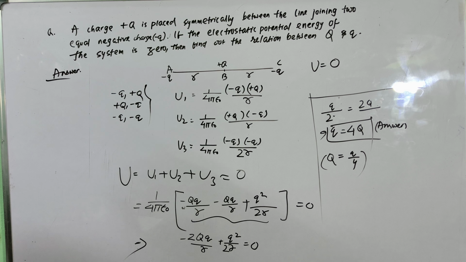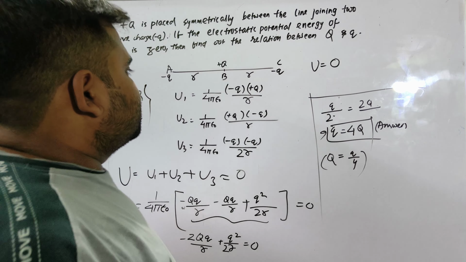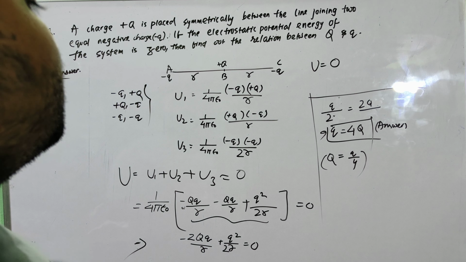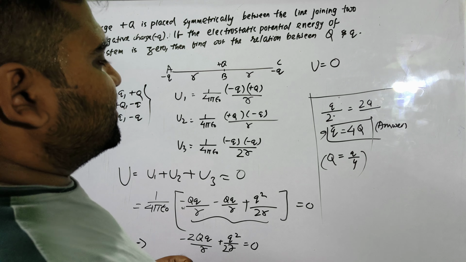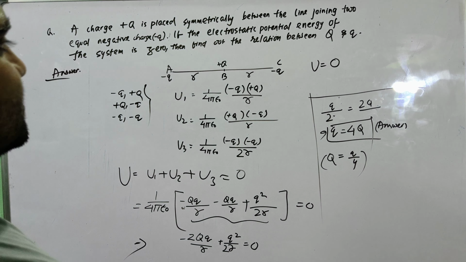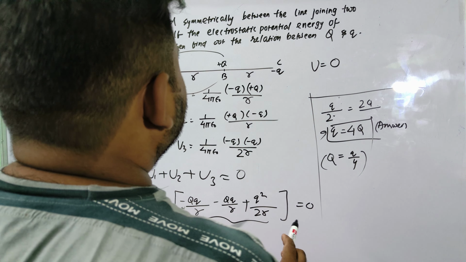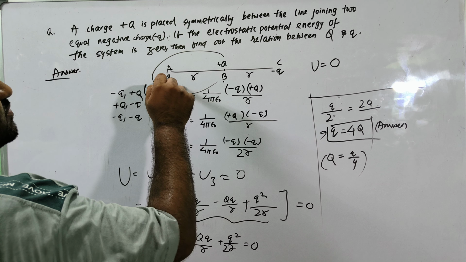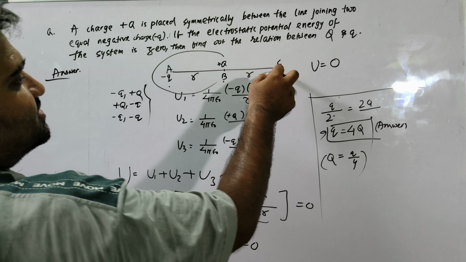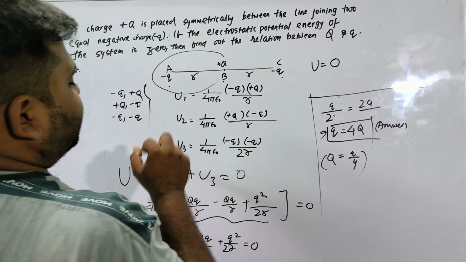So at last, from this problem we have understood the concept that even if we are going to calculate the potential energy of a given system, we are going to consider the pairs first. This charge and this charge make a pair, this charge and this charge make a pair, and these two charges make a pair.